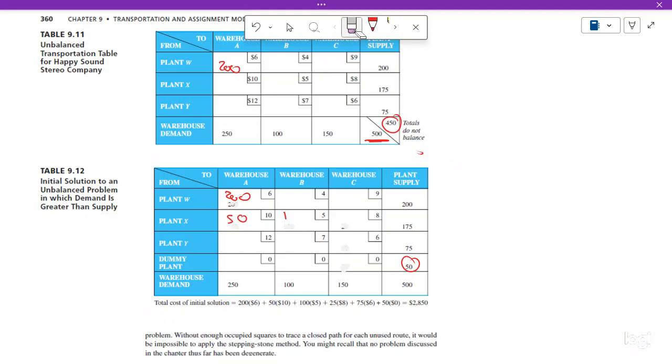So we're gonna transfer 25. 100, transfer 25. Under this one, we need 150. However, when you combine from here, 75 plus 25, how much do you have? It's 100. You are missing 50. There's your 50 from a dummy plant. Then you have this. Okay?